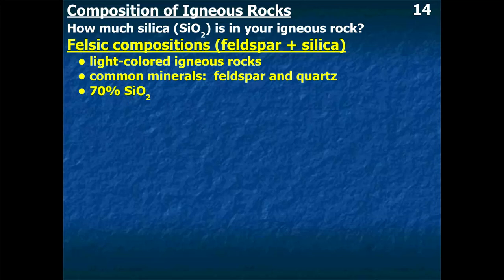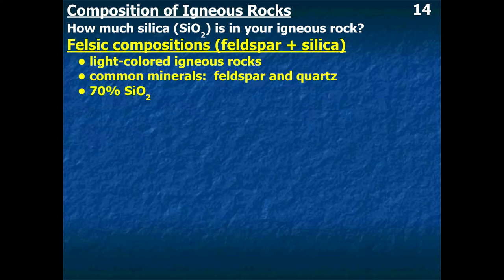We refer to this, if you look up here on your screen, as a felsic composition. So a felsic composition represents a high silica type rock. And typically the minerals you're going to find in a felsic composition are a group of minerals called feldspar and certainly quartz. So feldspar and quartz are going to make that rock very light colored.